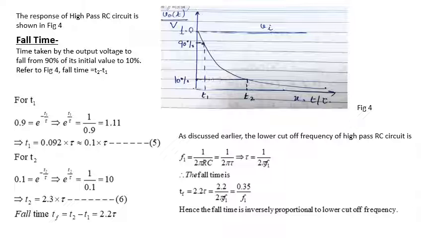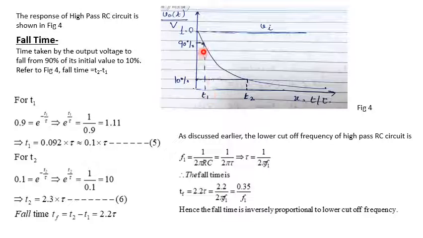That is, it shows the exact nature of the output voltage. The fall time is technically defined as the time taken by the output voltage to fall from 90% of its maximum initial value to 10% of its maximum value. And in the graph it is shown as time t1 and t2.